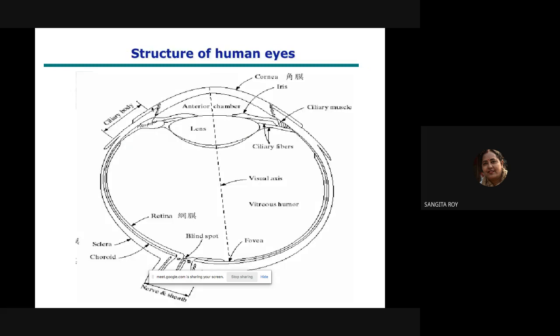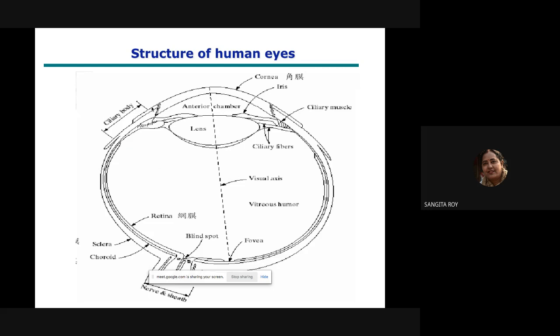Now this is the structure of the human eye. This figure shows a simplified horizontal cross-section of the human eye. The eye is nearly a sphere with an average diameter of approximately 20 millimeters. Three membranes enclose the eye: the cornea and sclera, the outer cover; the choroid; and the retina.